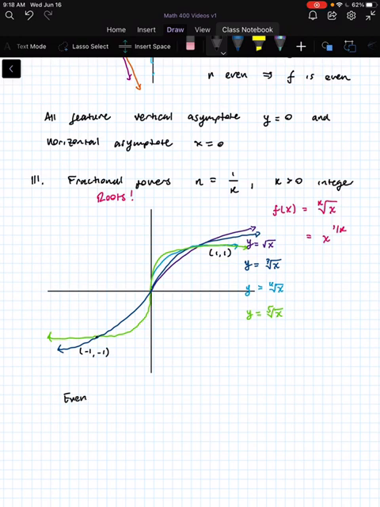All right, so key observations then. When we have even roots, so k is an even number, we notice that the domain and the range are both 0 to infinity, including 0.